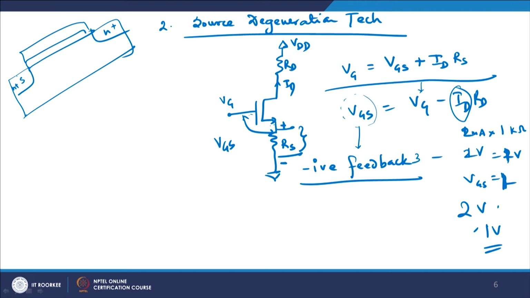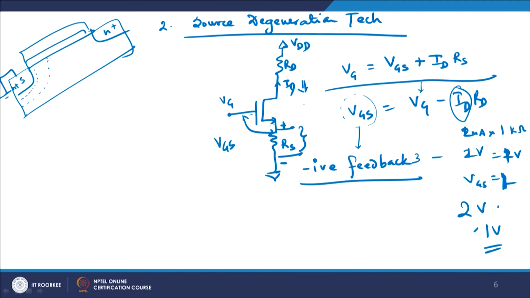Now what I do on the source side is apply a positive bias. So what happens, the depletion thickness will be much larger here. If you did not apply any bias, it will be something like this. If you now apply a bias, which is basically ID into RS, the depletion thickness will become stronger, and therefore your current will drop down.